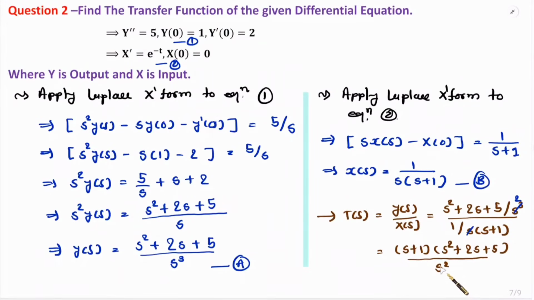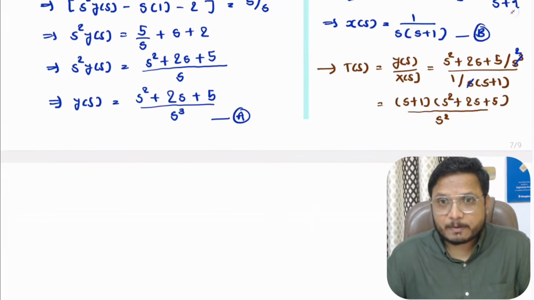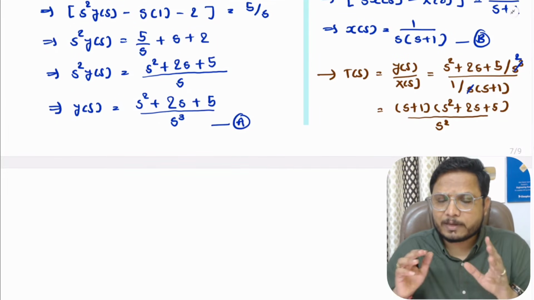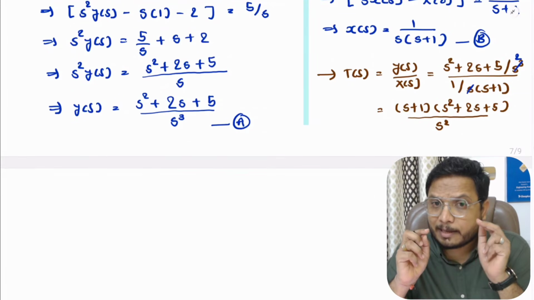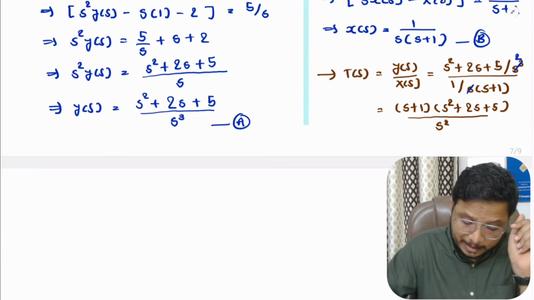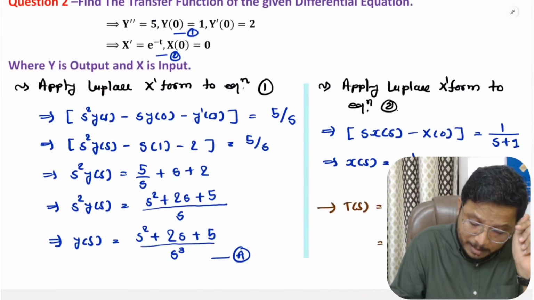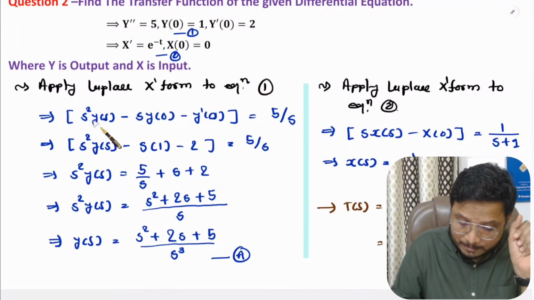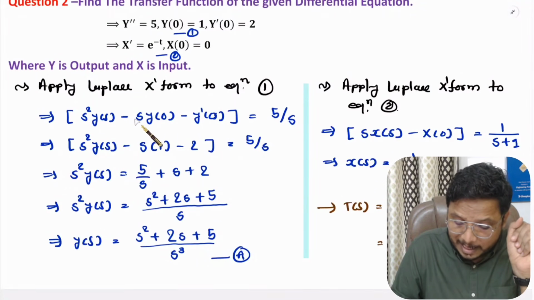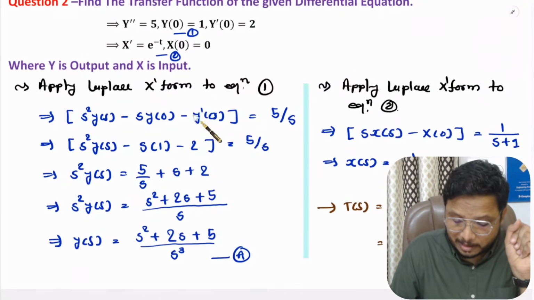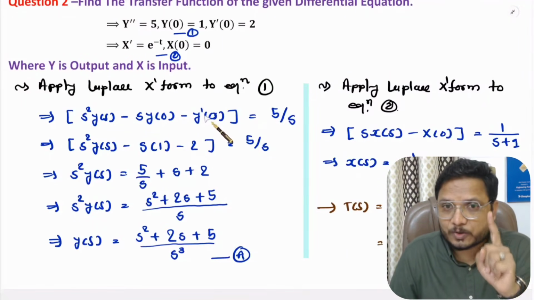So that is how simply we can identify the transfer function. Always remember, as and when you apply the Laplace transform, for double differentiation the Laplace transform is s square into Y of s minus s times y of 0 minus y dash of 0. Right. Here you should know the 0 initial conditions.